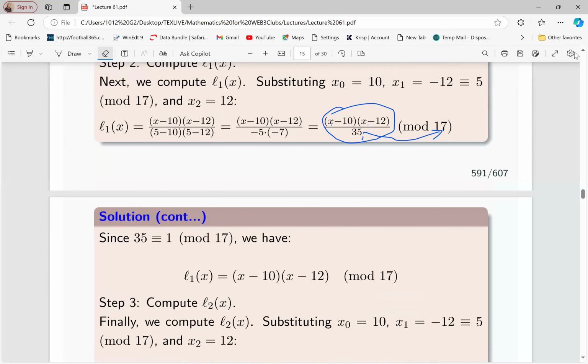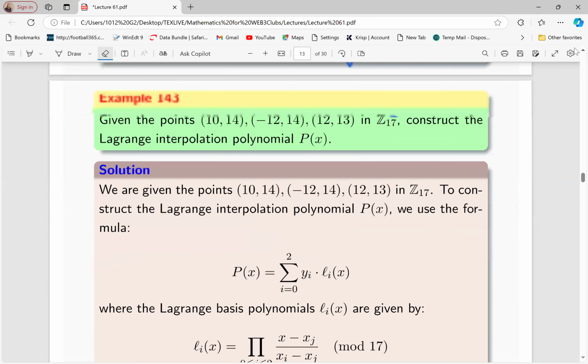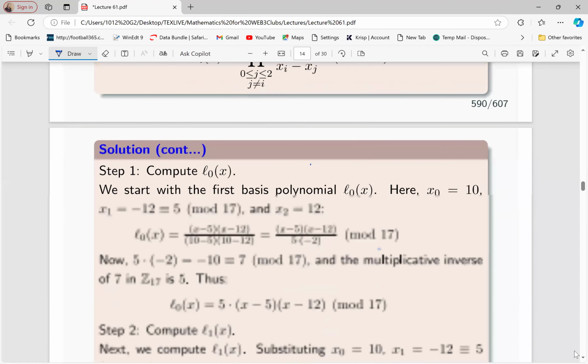After getting L0, L1, and L2 of x, multiply them by their corresponding values of y. The corresponding values of y are 14, 14, then 13.